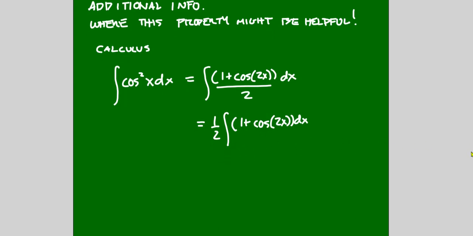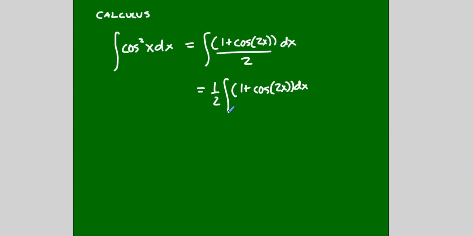And the way I like to do this is probably to write this as 2 integrals just to keep track of things. So I have 1/2 of the integral of 1 dx, which is just dx.